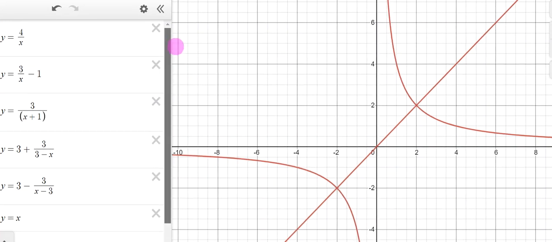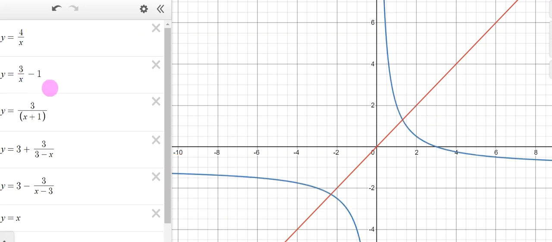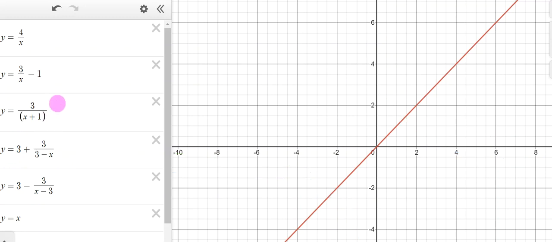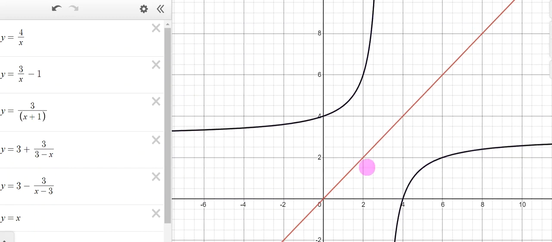All right, so switch that one off. The next one there, this is what 3 over x minus 1 looks like. And then we ended up with 3 over x plus 1. Yeah. And then we had 3 plus 3 over 3 minus x looks like that. And 3 minus 3 over x minus 3. Okay, what do you notice?